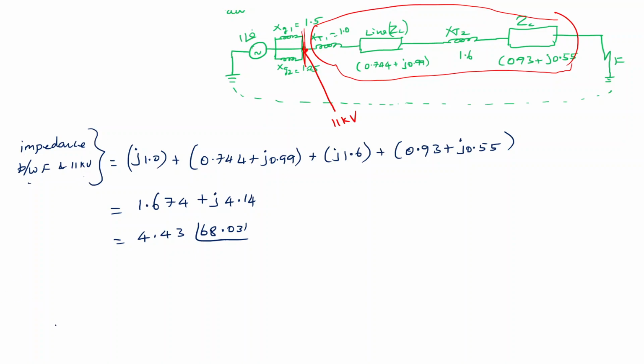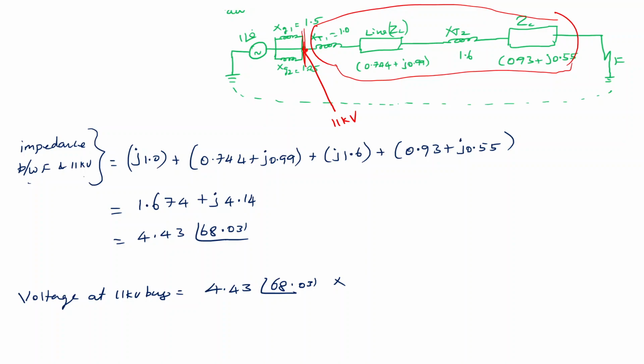Taking this as the total impedance between the fault location and 11 kV, the voltage at the bus can be calculated as 4.43 angle 68.031 into IF. So what is IF?